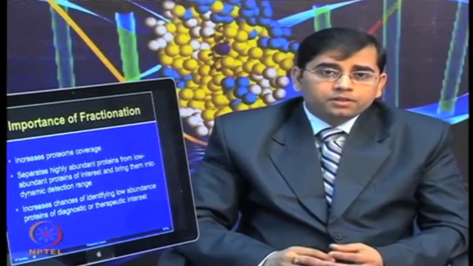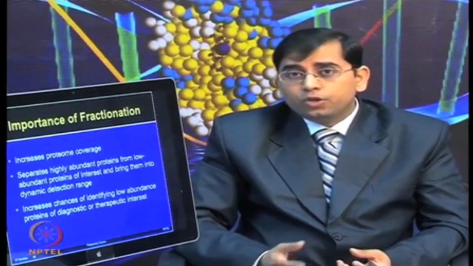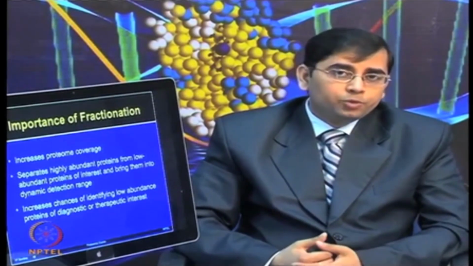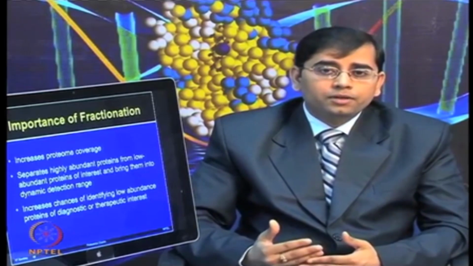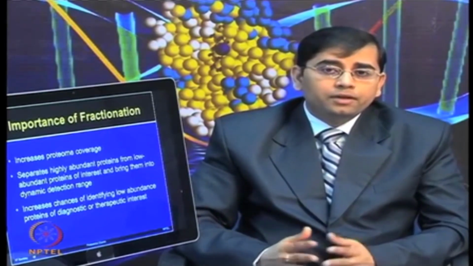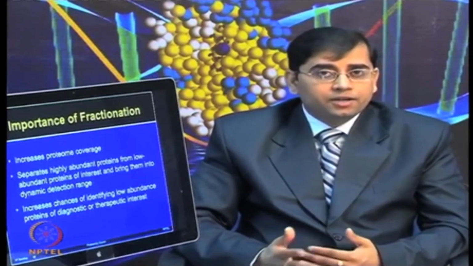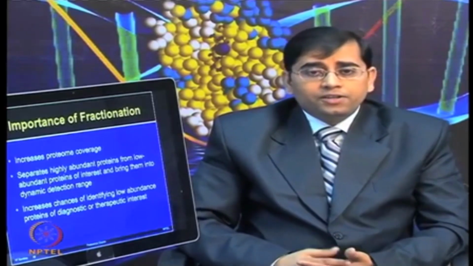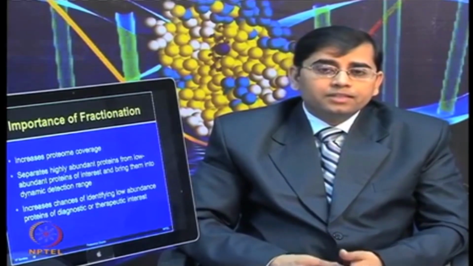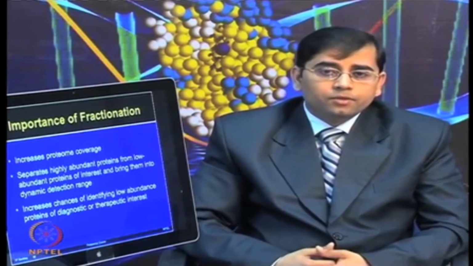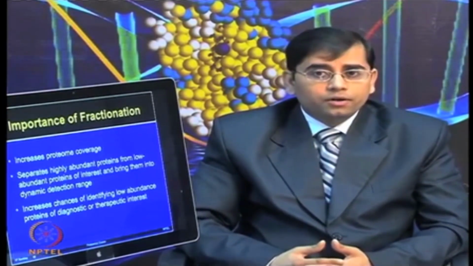Often, the low abundant proteins could be the proteins of interest, which are being masked by the highly abundant proteins. If you are able to separate the highly abundant proteins, then you can increase the dynamic detection range and bring everything into the same range. Fractionation can also increase the chances of identifying low abundance proteins of diagnostic or therapeutic interest.